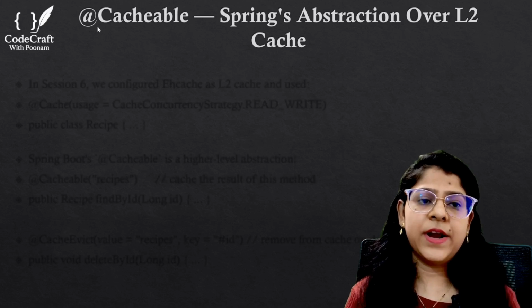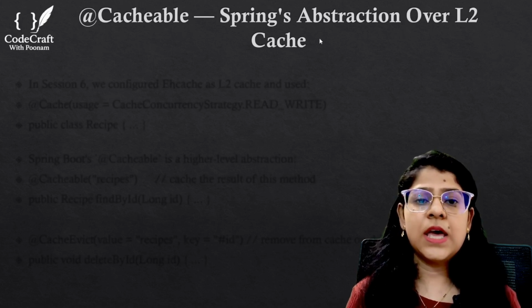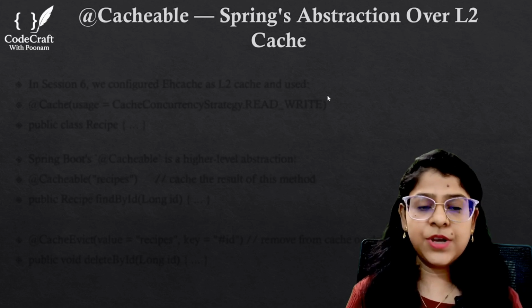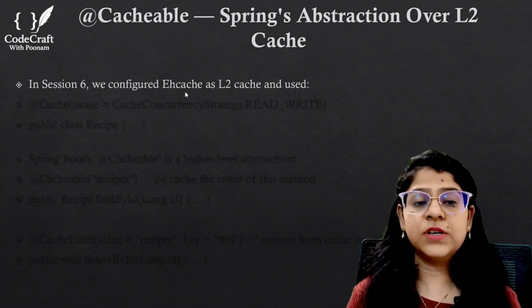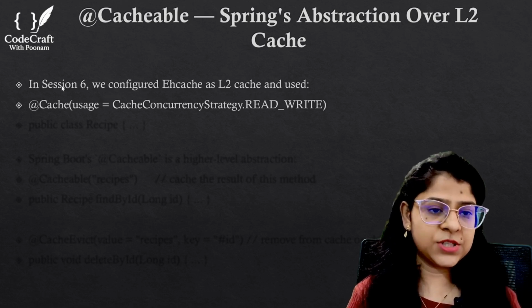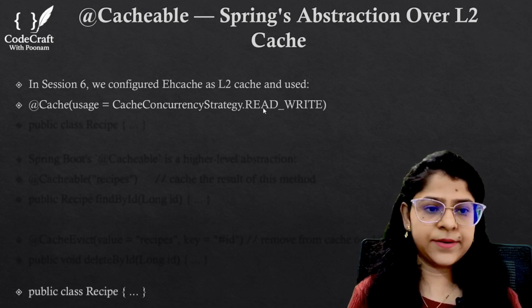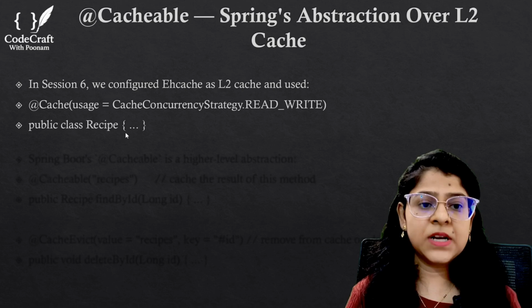So now coming to @Cacheable, here Spring's abstraction over L2 cache. In our session 6, we configured EhCache as L2 cache and used the @Cache annotation above this class, public class Recipe.